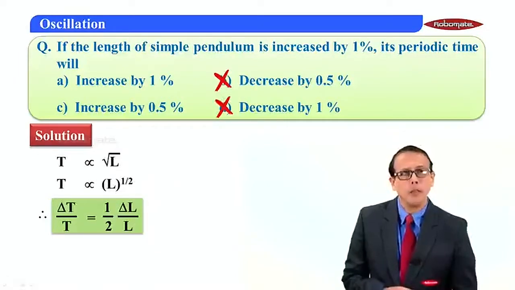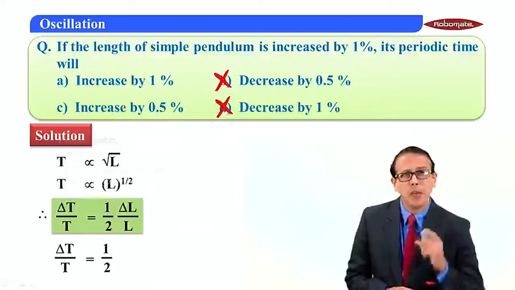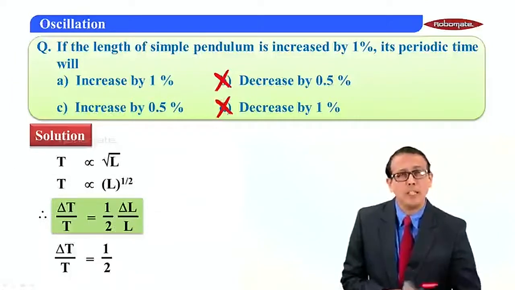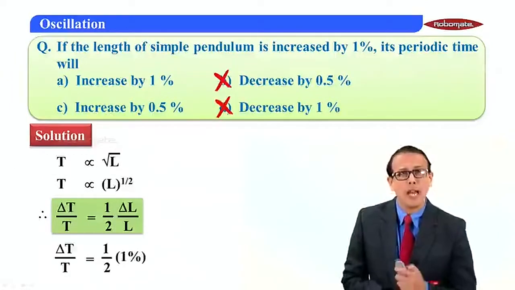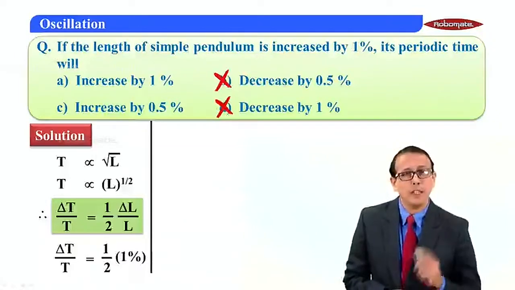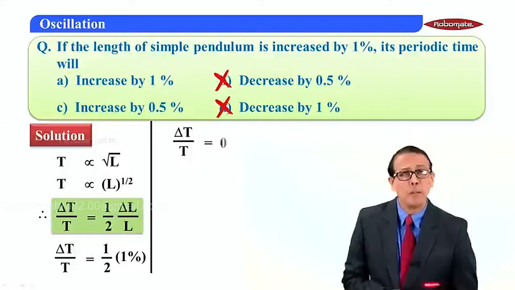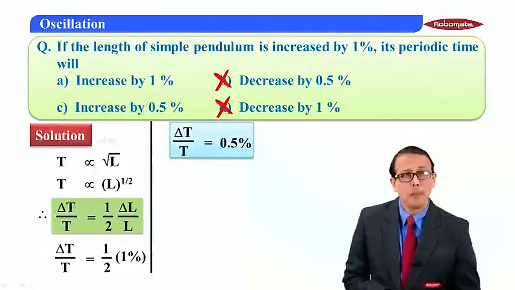Now let's substitute the values. Delta T upon T will be half, and percentage change in length is already given to us. Length increases by 1%. So directly write here 1%. Half of 1% is 0.5%. Therefore, percentage change in time period is 0.5%.